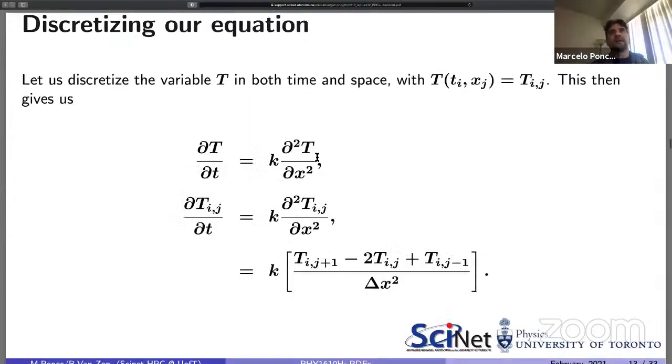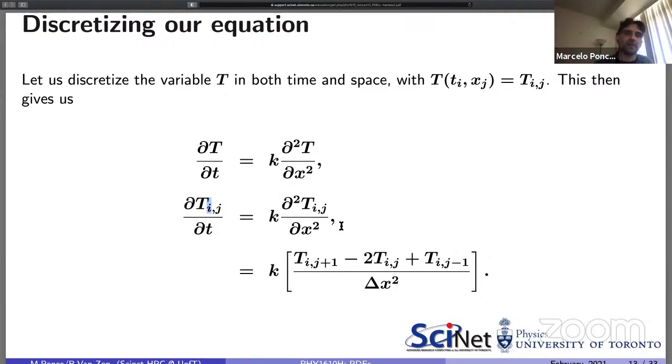Let's put all this together. We started with this equation, the heat equation, and now we're going to write the equation in terms of its discrete parts. As I was saying, I will represent the temporal part of the temperature, and J will represent the spatial part. Meaning, if I have I on both sides, it's at the same time step. If I have J on both sides, it's the same point in the spatial grid.